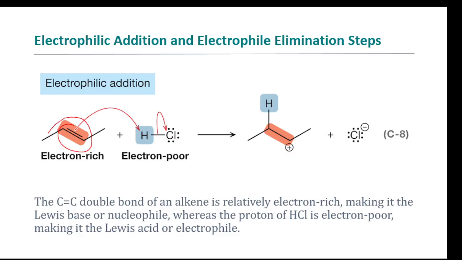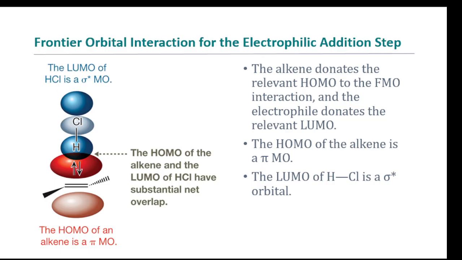This is going to be our electron rich. Here we have the electron poor hydrogen. And so which one has the HOMO, LUMO again? The carbon is HOMO, hydrogen is sigma. Yep, you got it. The double bond is the highest occupied molecular orbital. Very good.